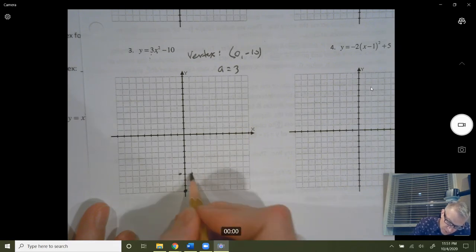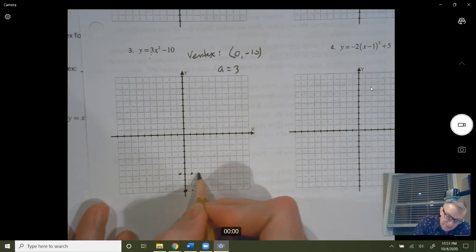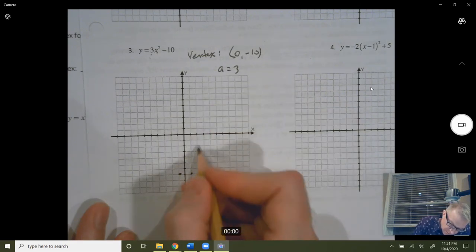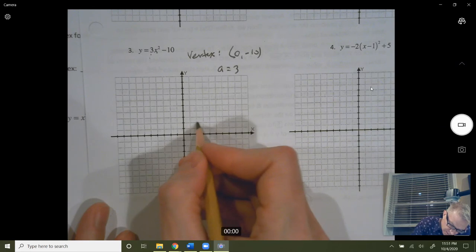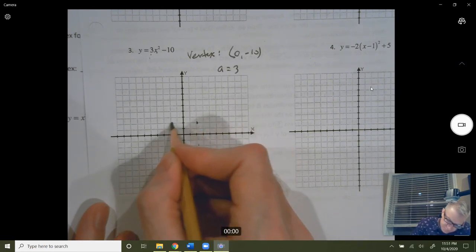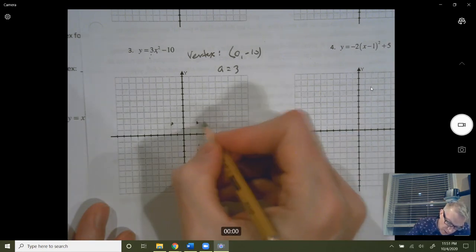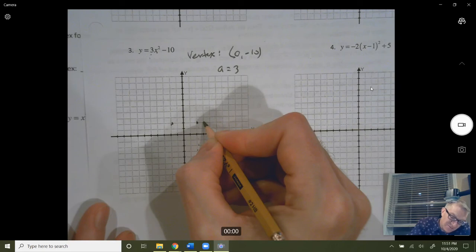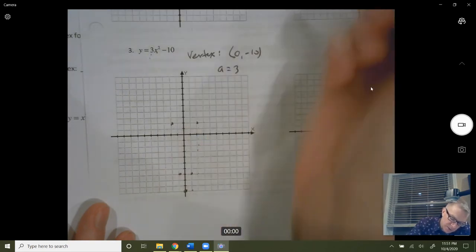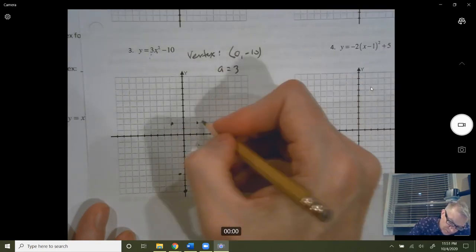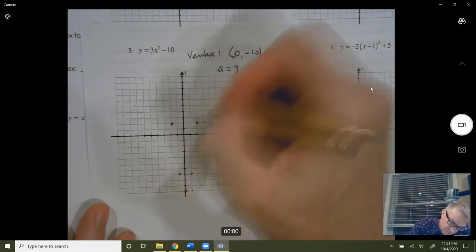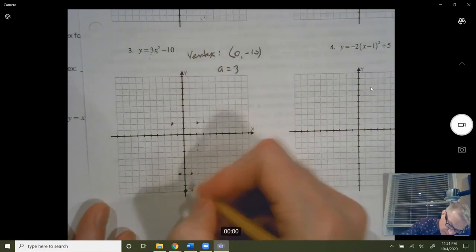And then from that point, over 1, up 3A. 3A would be 9. 1, 2, 3, 4, 5, 6, 7, 8, 9. And the symmetric point would be over here. Okay. And then from there, we go over 1, up. Remember, it's 1A, 3A, 5A. So 5 times 3, you go up 15. Okay, we're going to be off the page, way up here somewhere.